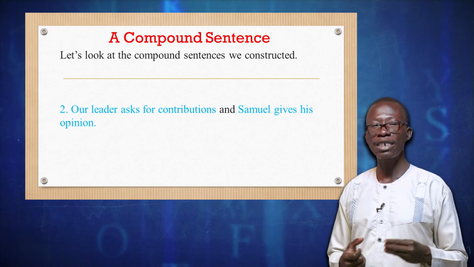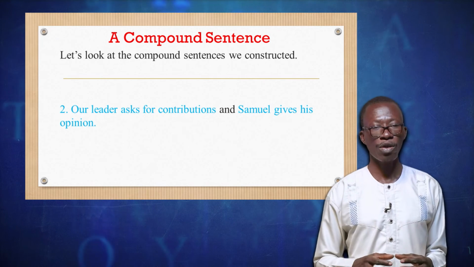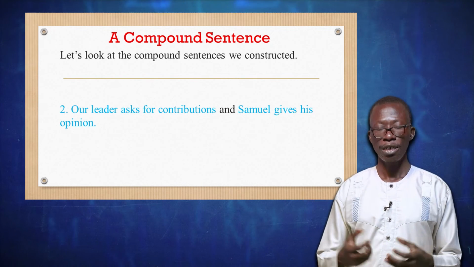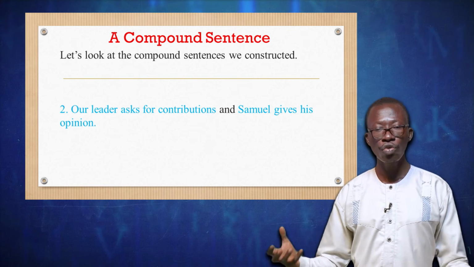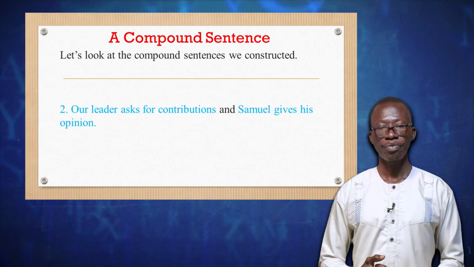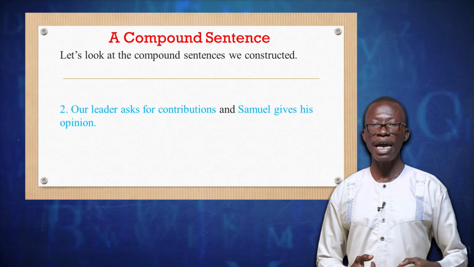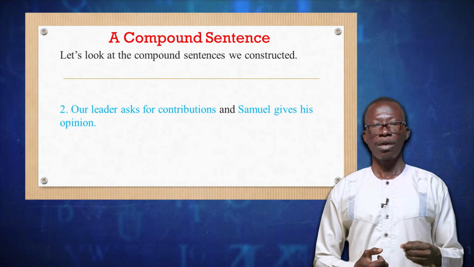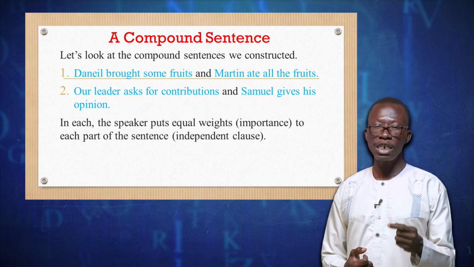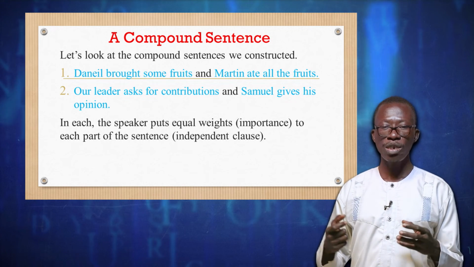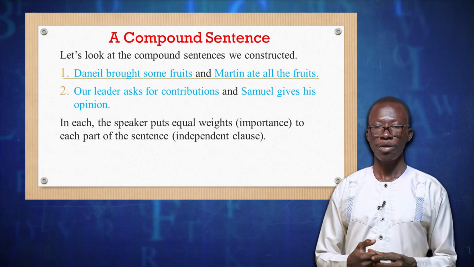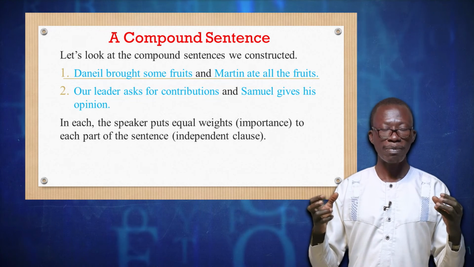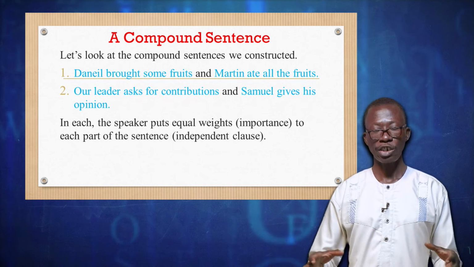In the same way, with our leader asks for contribution and someone gives his opinion, the speaker is putting equal weight or equal importance on the two independent clauses. So when we are speaking or writing, we are able to indicate which part of our statement we put more emphasis or importance on by using a specific kind of conjunction.